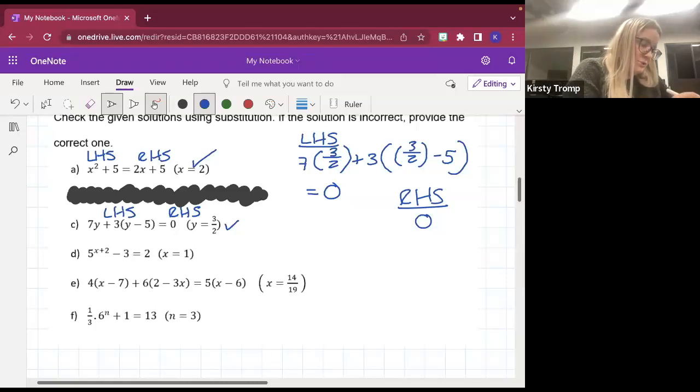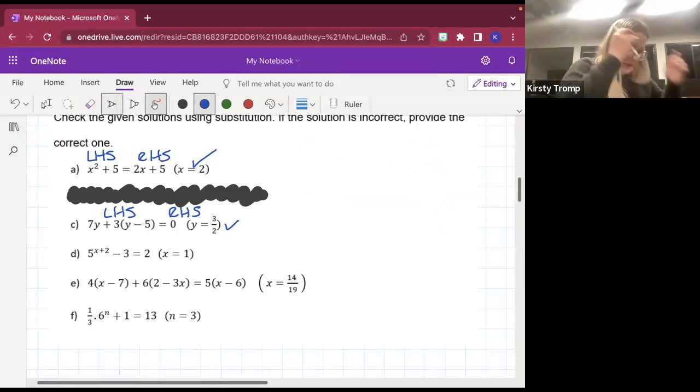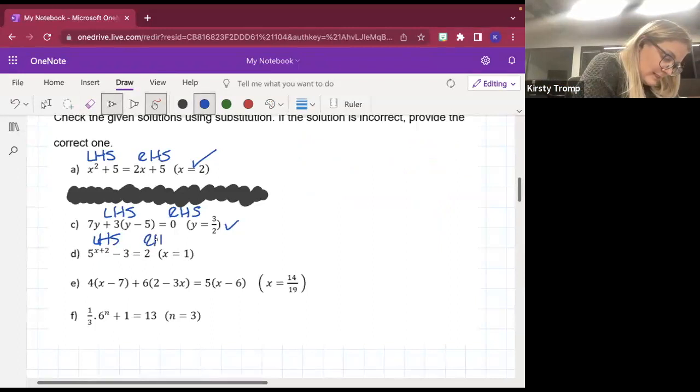I'm going to do D with you, and then I do see I have one more hand raised, so I will answer that question as soon as we do D. So let's do D together. For D, now I have an exponent. I've got left-hand side and right-hand side.